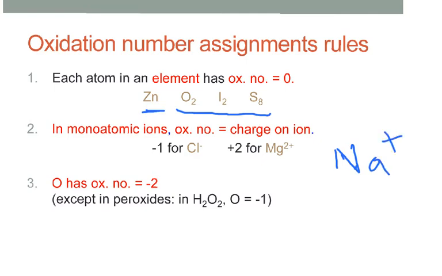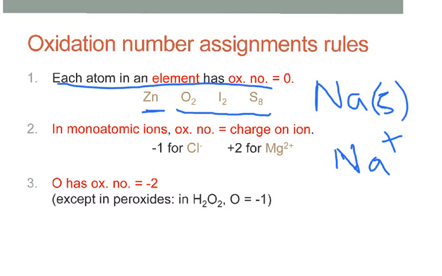For sodium, the charge on a sodium ion is +1, so the oxidation number is going to be +1. Now contrast this to rule number 1. In rule number 1, if you had solid sodium that's not an ion, sodium in the solid state, that would have an oxidation number of 0. The sodium ion has an oxidation number of +1.